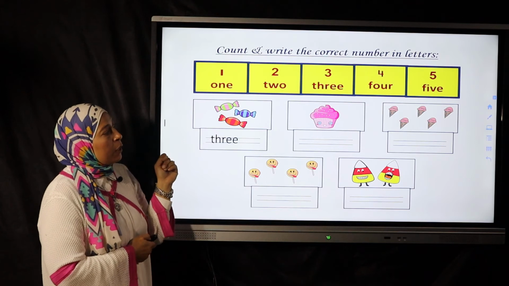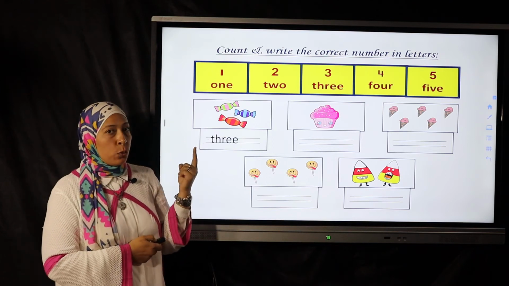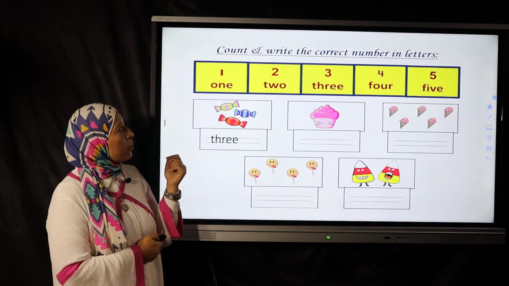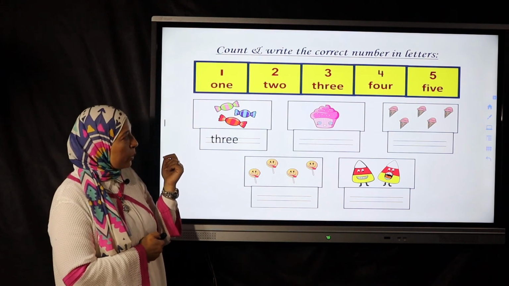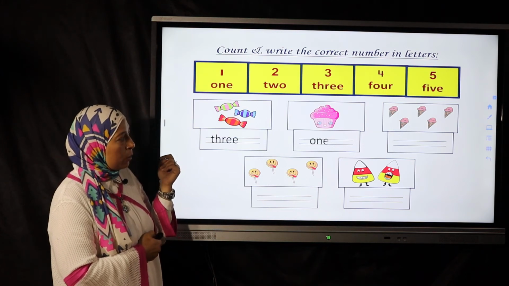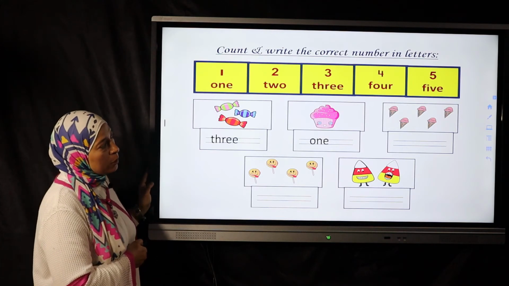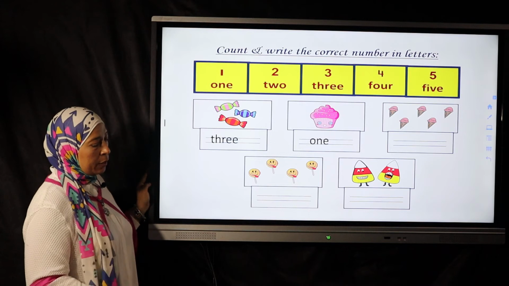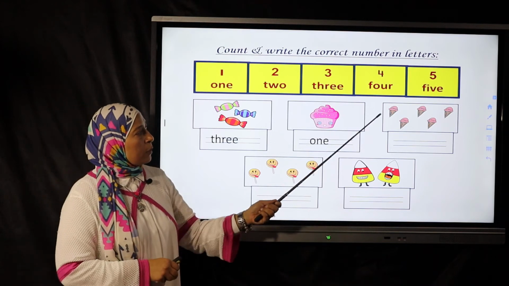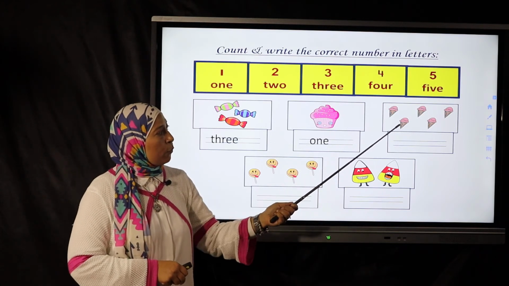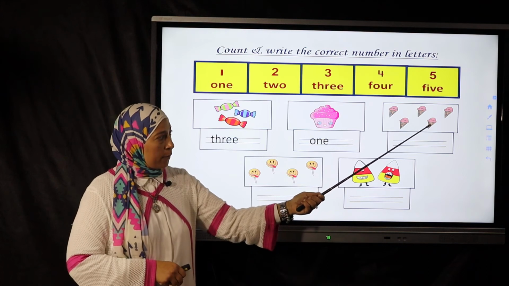Okay, how many cupcakes? Just only 1. So we're going to write number 1. And 1 is a crazy word. O-N-E, 1. What about the ice cream? How many ice cream? 1, 2, 3, 4, and 5.